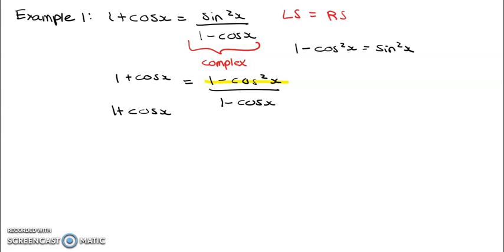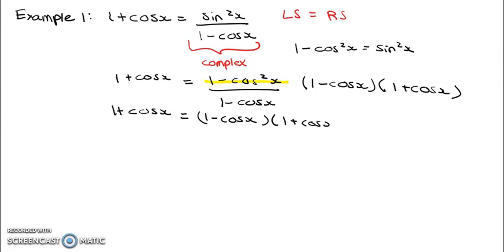That's something you should be familiar with if you're taking grade 12 advanced functions, hopefully. And when I do that, I get 1 minus cosine x times 1 plus cosine x. I'm going to sub that in for my numerator, so I get 1 minus cosine x times 1 plus cosine x, again divided by 1 minus cosine x.